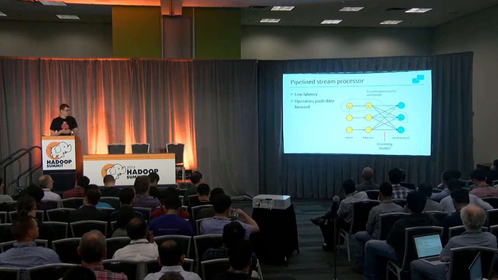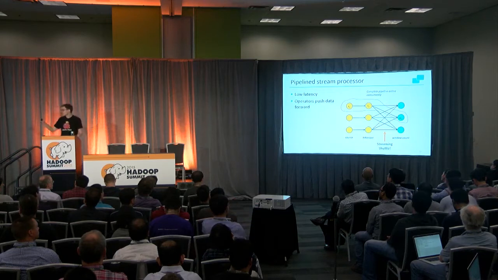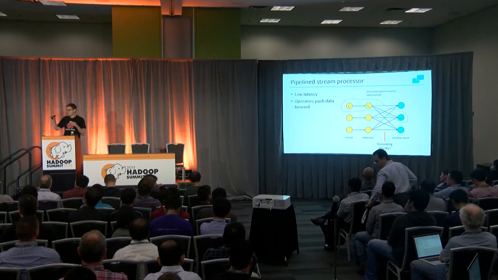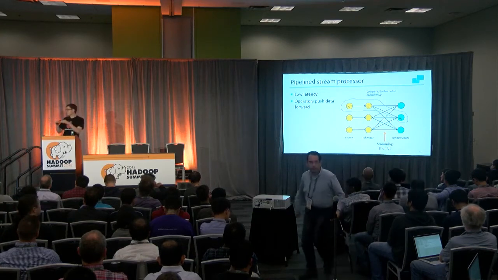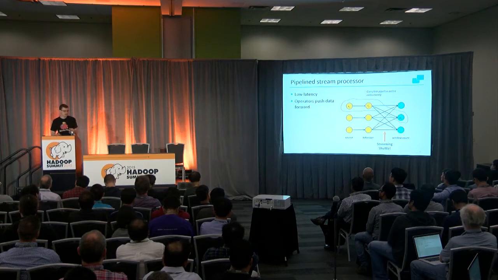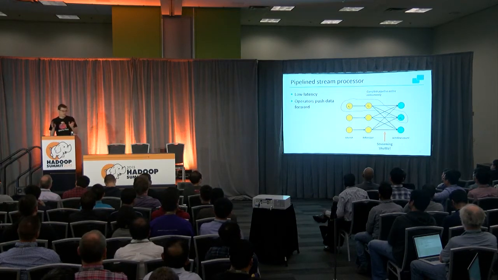And the thing is that all these operators are running in parallel, and they push the elements as they come into the system immediately. So there's no synchronization, there's no waiting. And also the shuffle there, so the redistribution maybe based on a hash function, is happening immediately. There's no waiting.